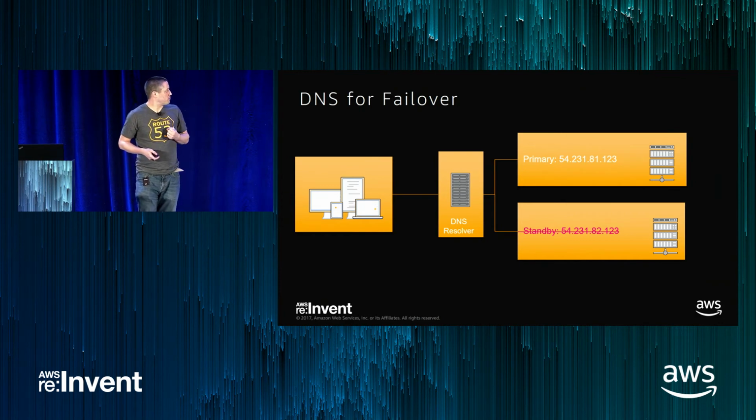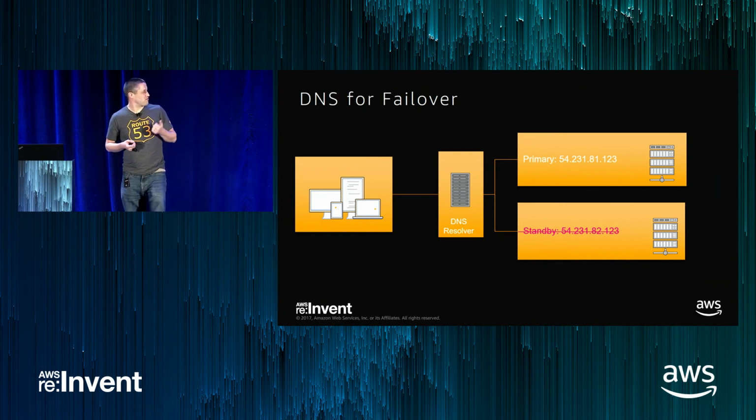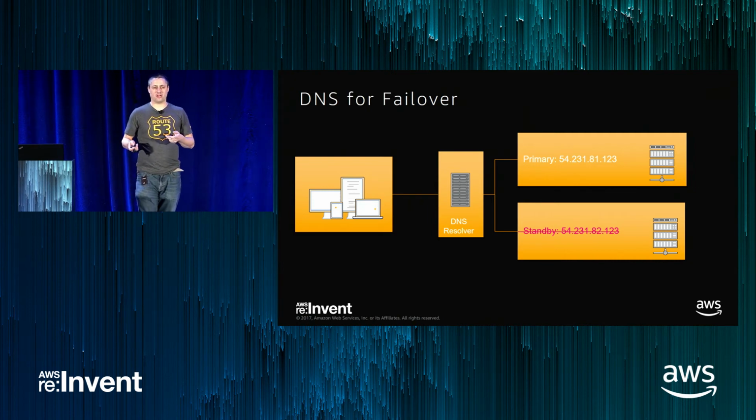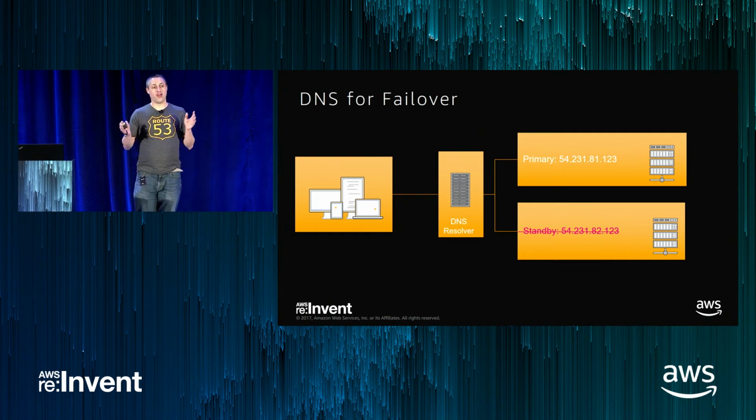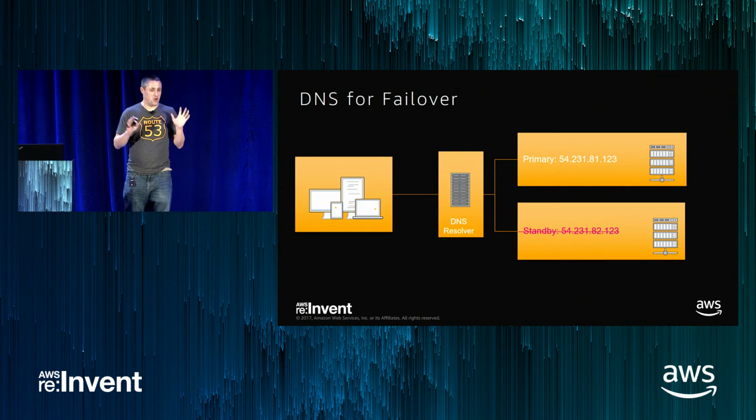This is the kind of setup. A typical setup, maybe the secondary is a full-fledged service that can run, or maybe it's a read-only copy, so it will take over. The customers will get a degraded but still useful service in the meantime. Or maybe even just the second one is an S3 bucket website with a gone fishing page that says, we'll be back shortly, but it's better than a failure.